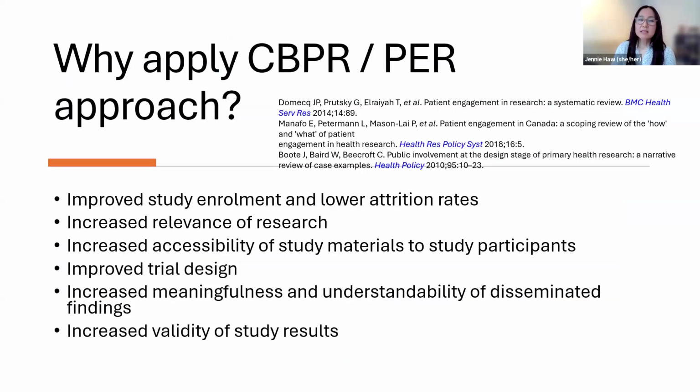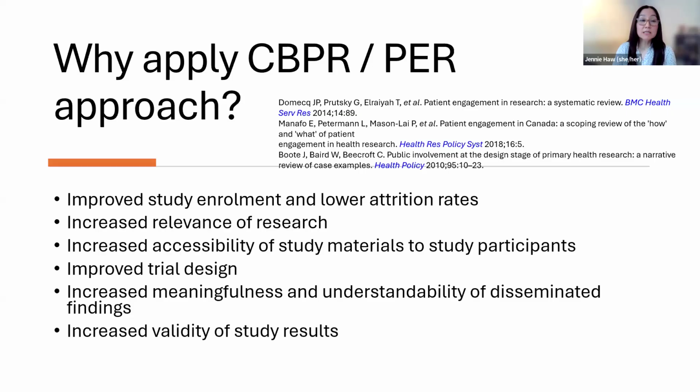So why apply a CBPR approach or a patient-engaged approach? Various reviews have been conducted on studies that have taken this approach in health research, and there are various benefits that researchers have noted from applying this approach.